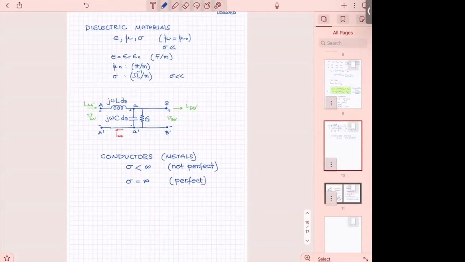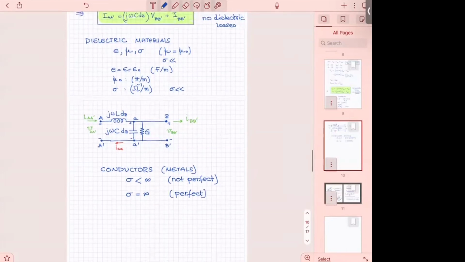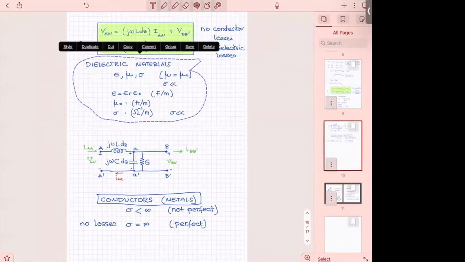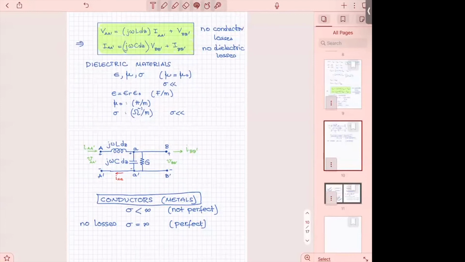So, no losses here when it is infinity in conductors. And no losses here when sigma is 0.